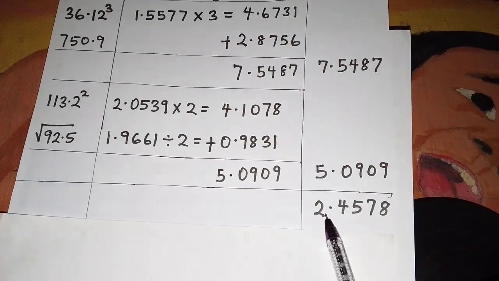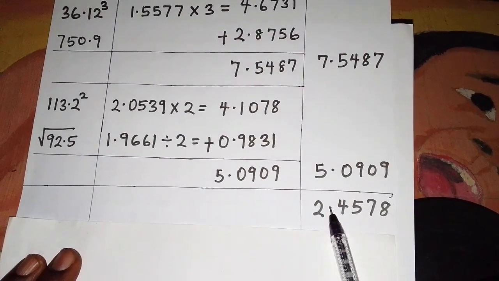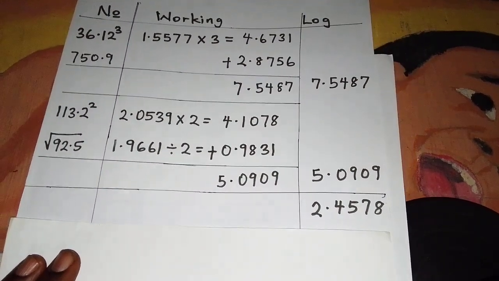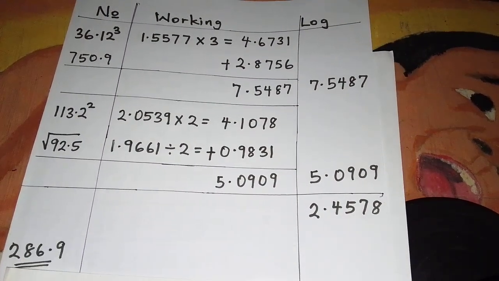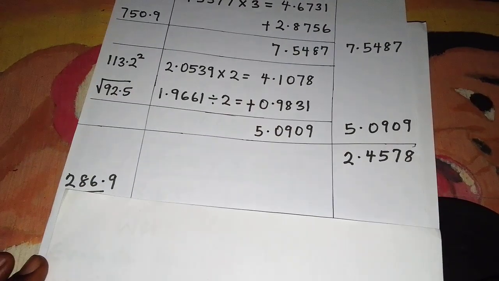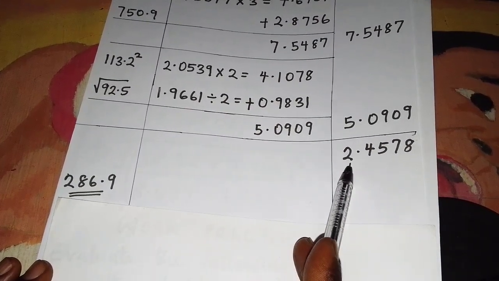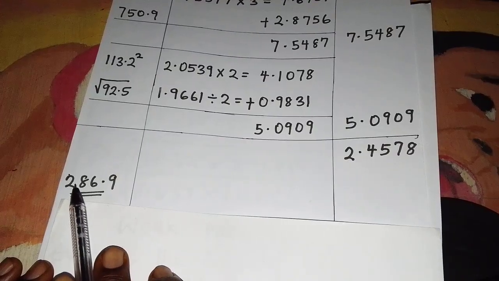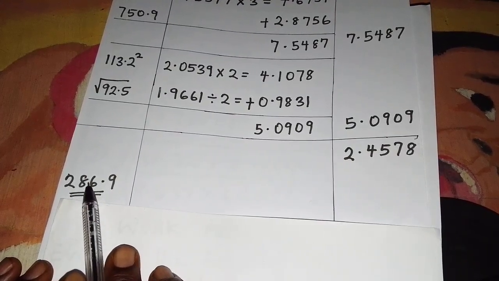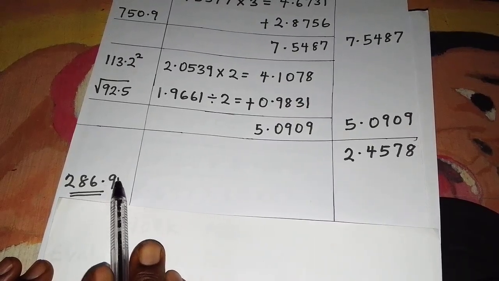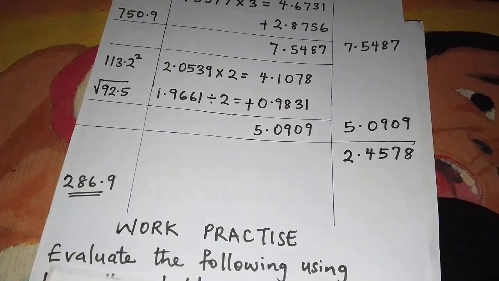Open to the antilogarithm table. 0.45 under 7, difference of 8. So you get 2869. Because this is 2, the decimal point is taken to be after this 2. So move it how many times? 2 times, 1, 2. So you're having 286.9 to be the final answer.